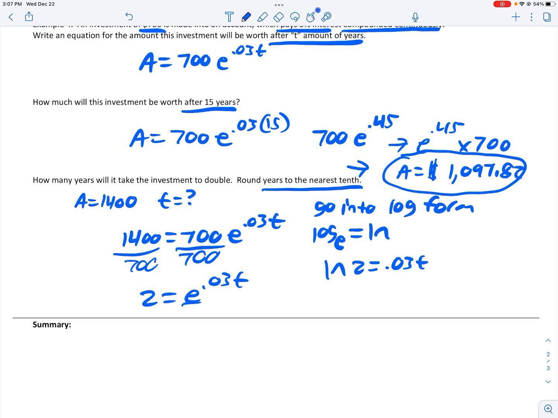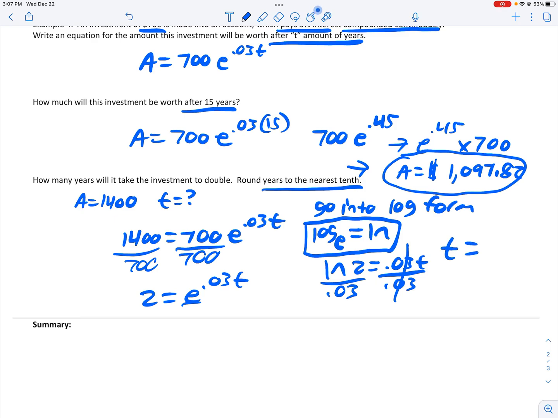Your base is e, because the e is always the base of the exponent, and then the exponent and the 2 just switch spots. Again, log base e is the same thing as writing ln. So I would divide by 0.03. That reduces, and you should get what t is.